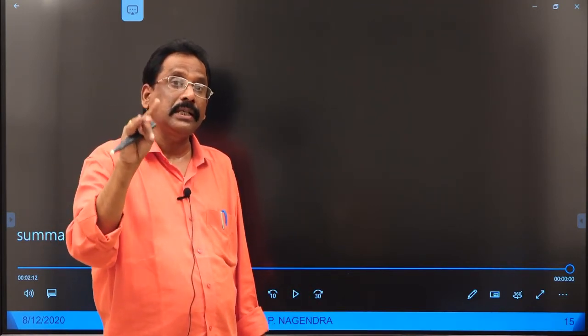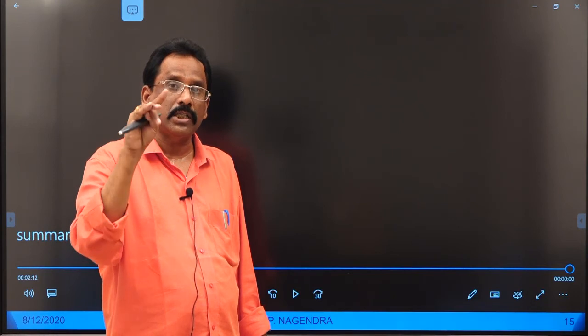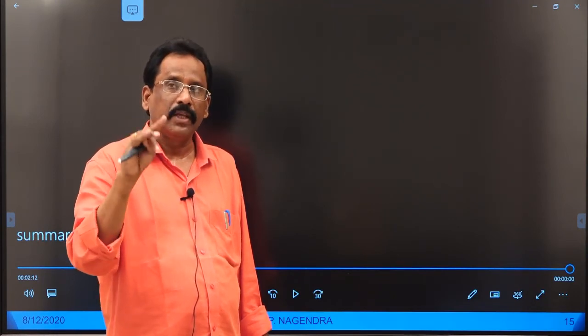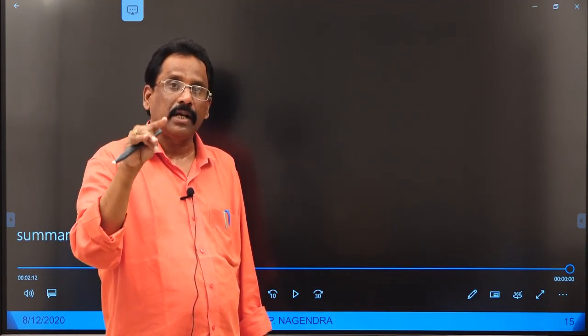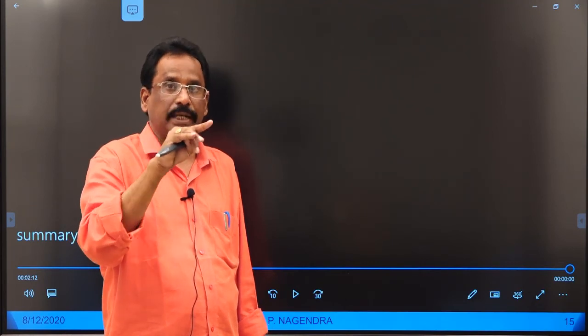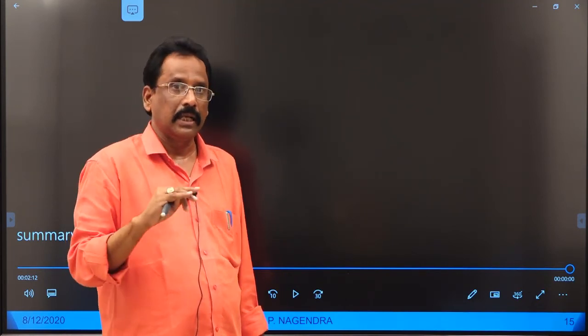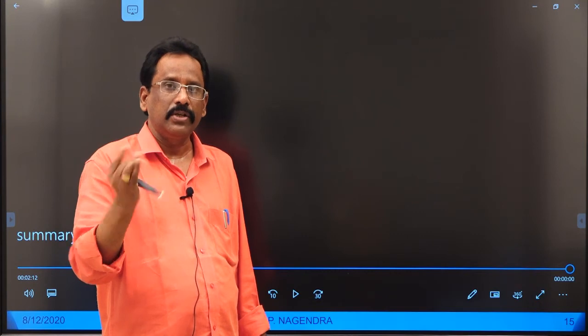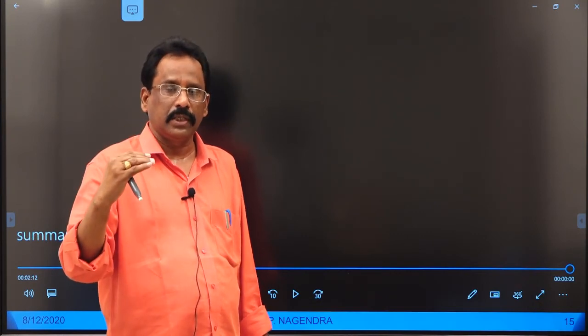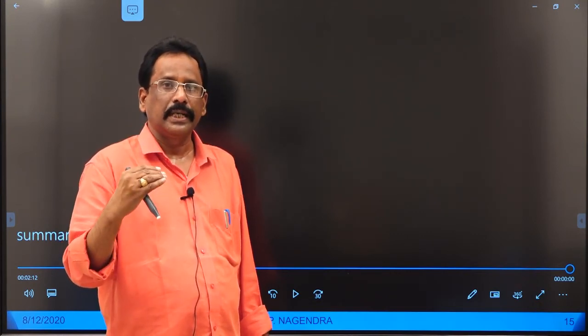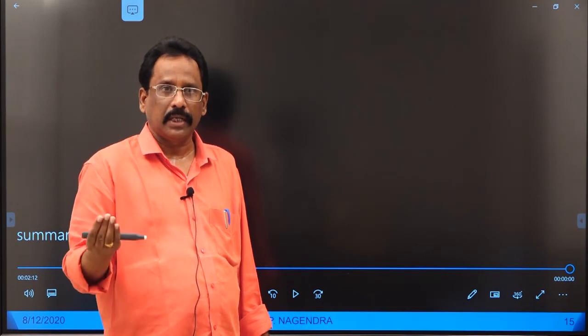For hydrogen gas only, the specific charge of the proton is maximum because H plus ions are produced only from hydrogen gas. Please remember that. And in the case of neutron, the specific charge of the neutron is 0 because it is a neutrally charged particle.